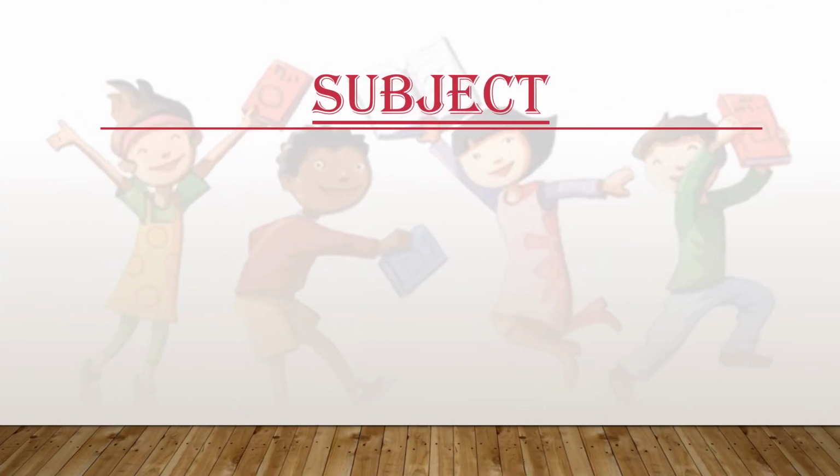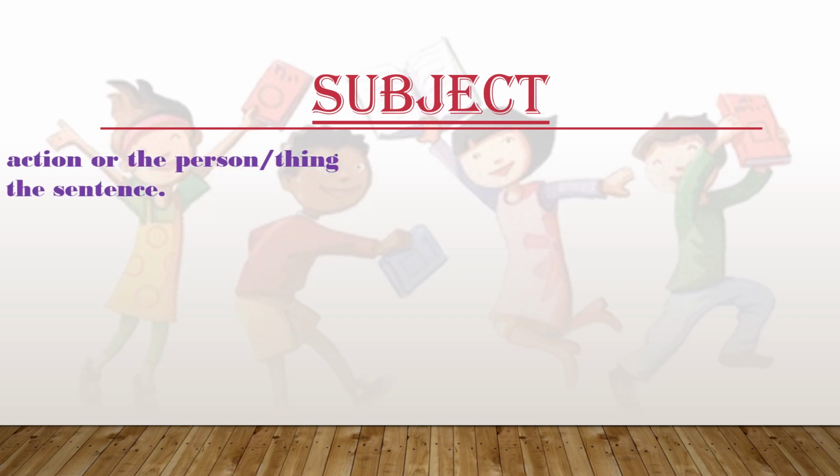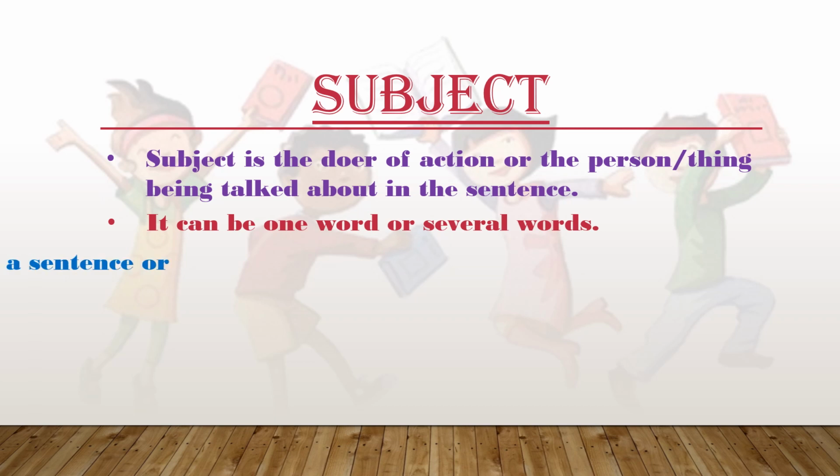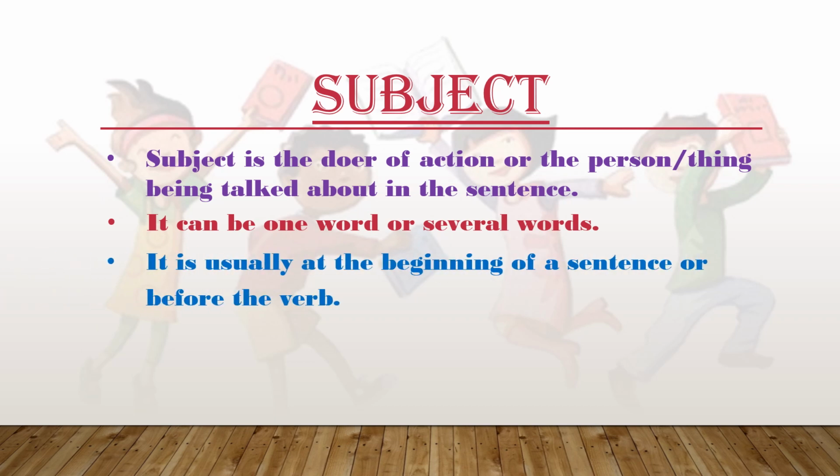So let us have a closer look at what a subject is. Subject is the doer of action or the person or thing being talked about in the sentence. It can be of one word or several words. It is usually found at the beginning of a sentence or just before the verb.